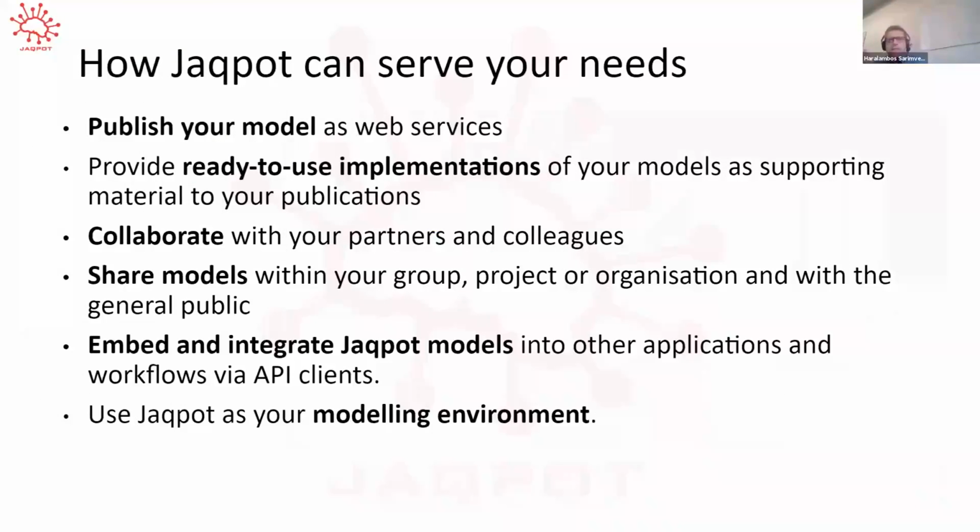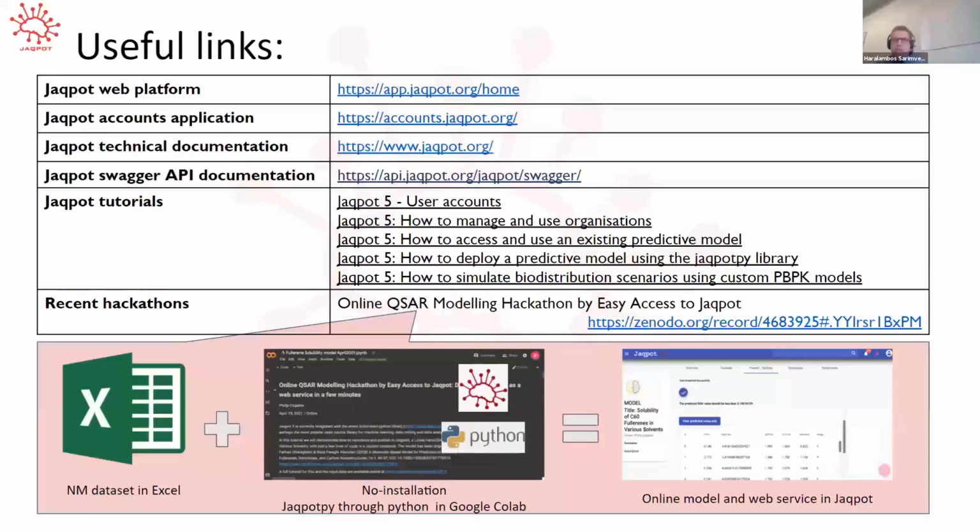So just to summarize, Jaqpot is a platform where you can publish models as web services, provide supporting material for publications, collaborate with partners and colleagues, share models with colleagues and different groups, integrate models into other applications, and perhaps use it as a modeling environment.